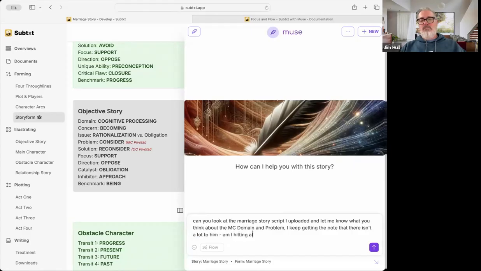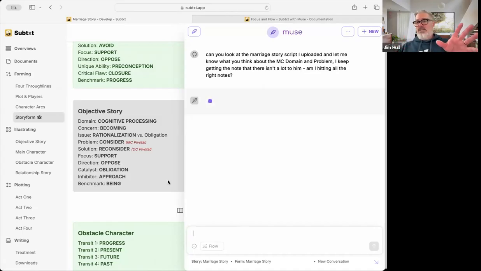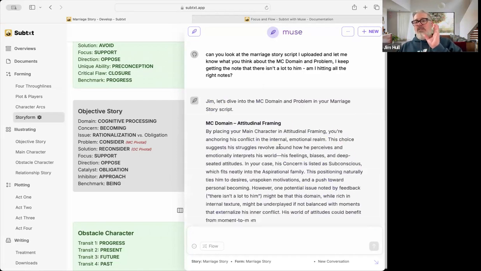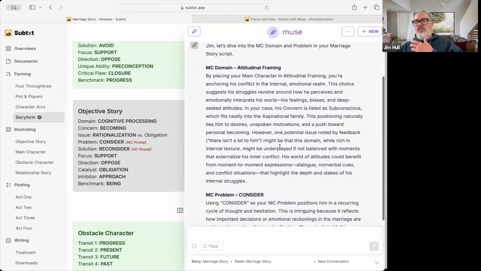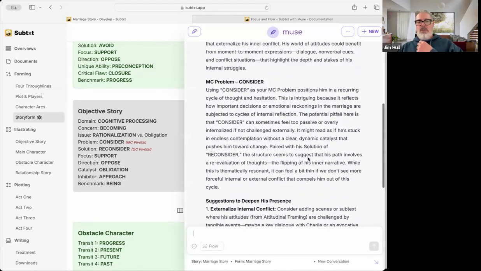Am I hitting all the right notes? Presumably, it will actually read the whole screenplay and find examples of his attitudinal framing. He's kind of stuck on himself and has this attitude that he's the most important part of the family. And then also consider his problem. And I believe that's him being inconsiderate, or he can't make a choice one way or the other.